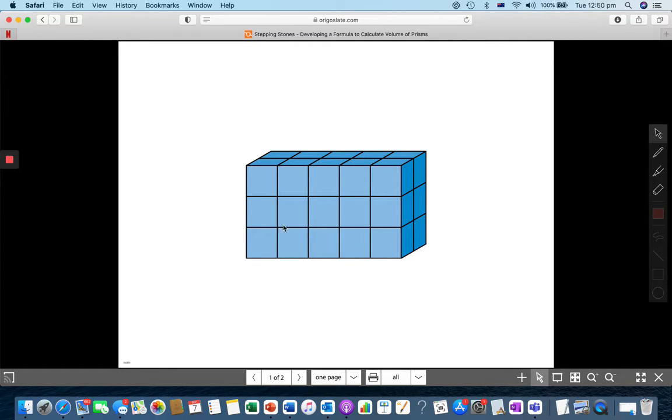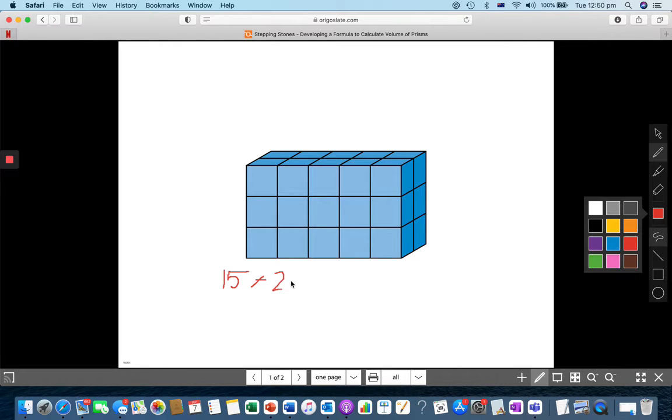So let's write it down. You can say 15 times 2, which will be 30 cubic centimeters or little cubes.